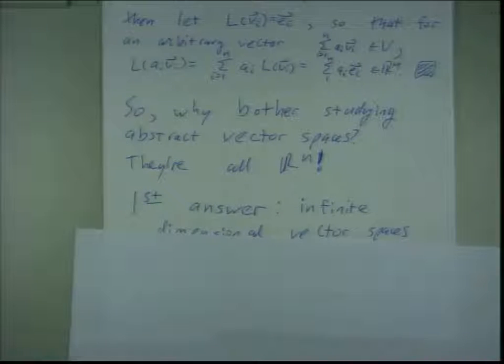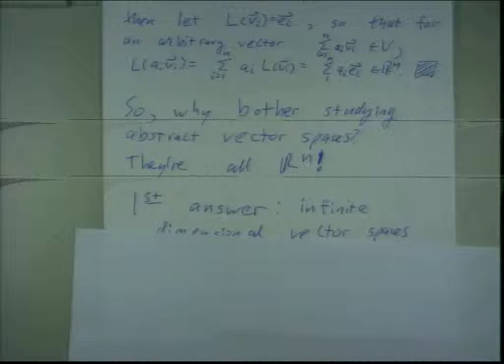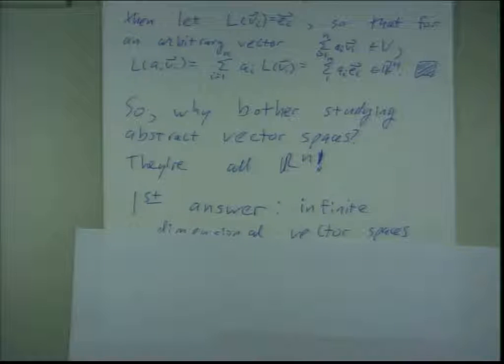So for instance, here's a set of independent functions inside C^infinity(R). So the monomial x^n for any n is a smooth function.